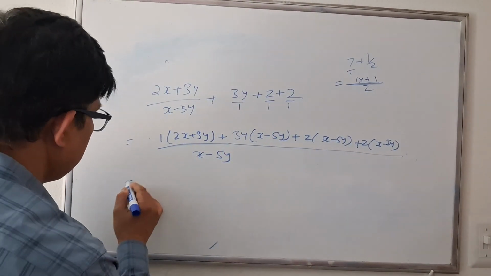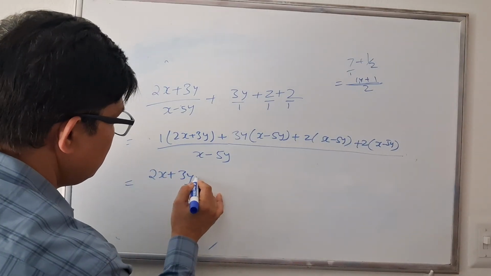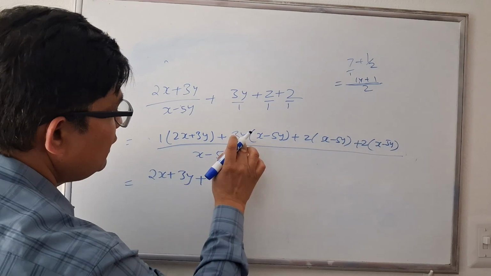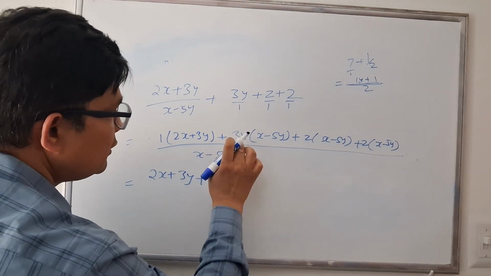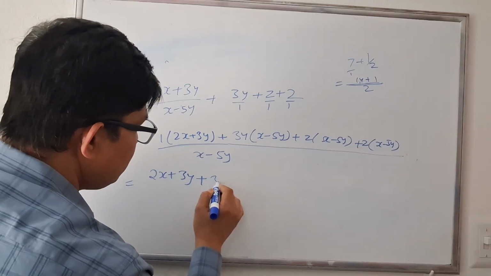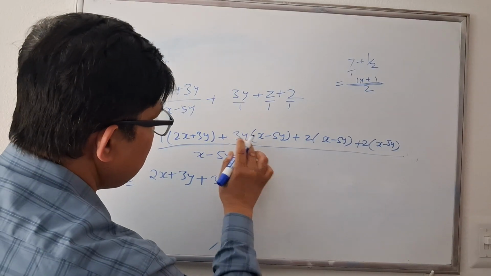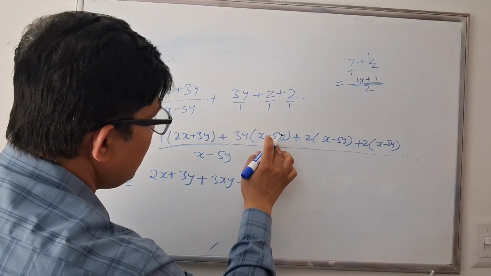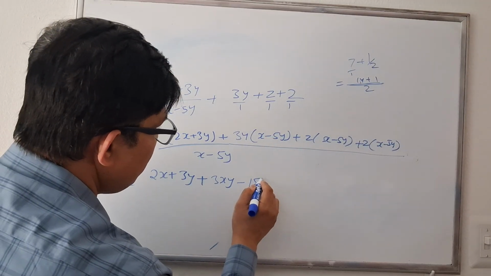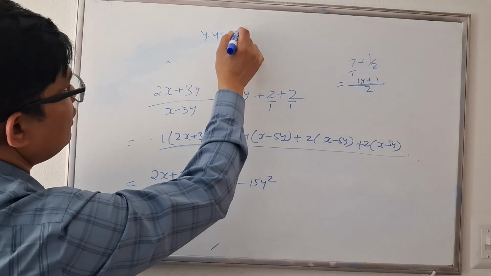Okay? Now solve it. 2x plus 3y plus 3y, plus sign here. So plus times plus, 3y times x, 3xy, plus times minus 3y times 5y, 15y squared. Do you know this thing? Y times y is y squared? Yes.